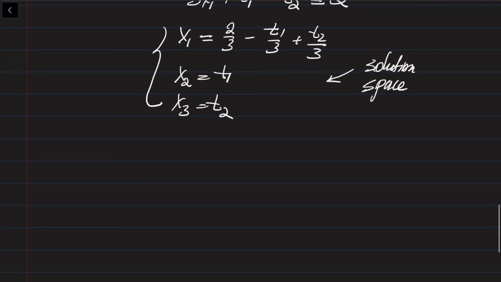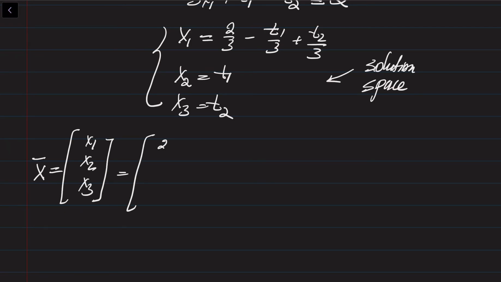In order to do this, I need to write down the solution vector x, which is equal to x1, x2, and x3. This is equal to 2 over 3 minus t1 over 3 plus t2 over 3, t1, and t2.